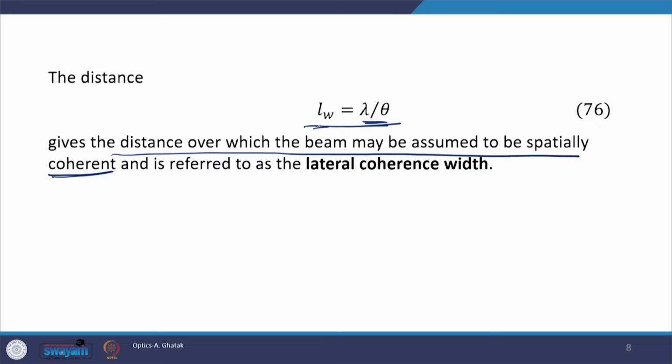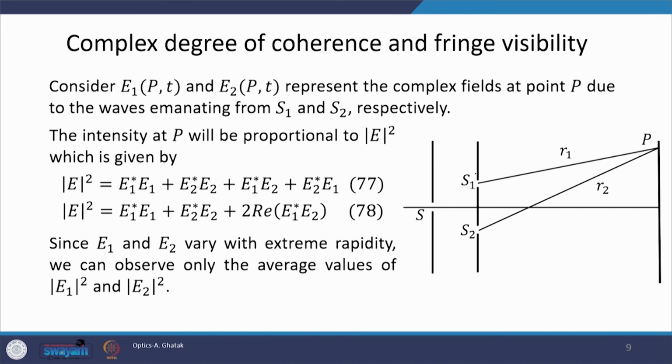And this distance LW gives a distance over which the beam may be assumed to be spatially coherent, and therefore, it is referred to as lateral coherence width. Of course, it is related to a length element, therefore, it is called lateral coherence width.